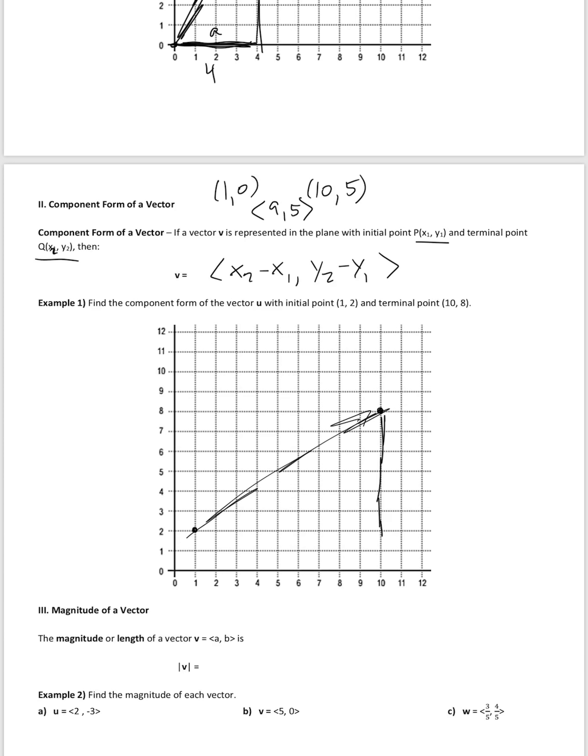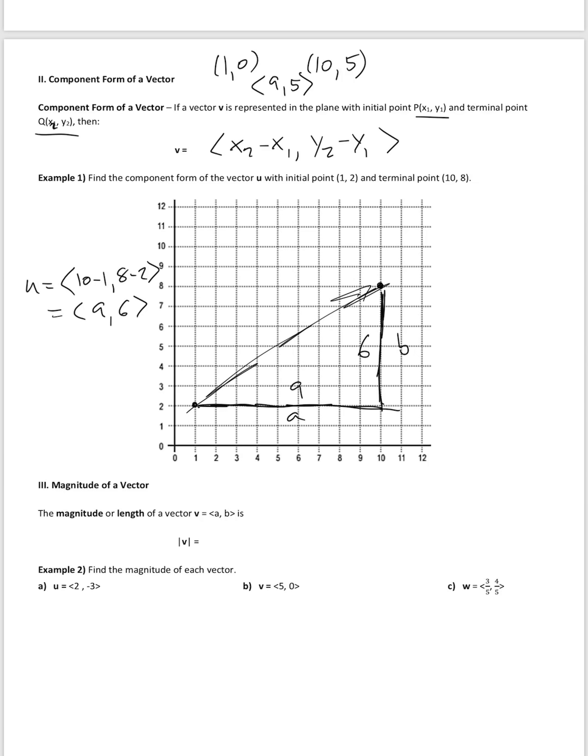Here is my B, and here's my A. So u equals 10 minus 1 and 8 minus 2, which is 9, 6. And if we check and we count these squares here, that is in fact 9, and then this is 6. So component form of a vector, really easy to find, really simple and straightforward, I think.